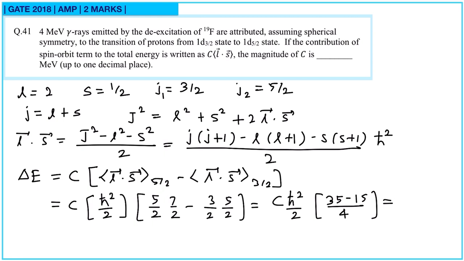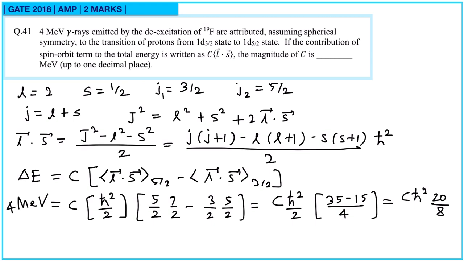That is 20 by 4, that is 5. So this will be equal to, and it is given that this is equal to 4 mega electron volt, because for the transition we are getting 4 mega electron volt gamma rays. So this energy difference will be the energy of that photon. So this is C h cut square by 2 into 5, that is C h cut square upon 2 into 5.